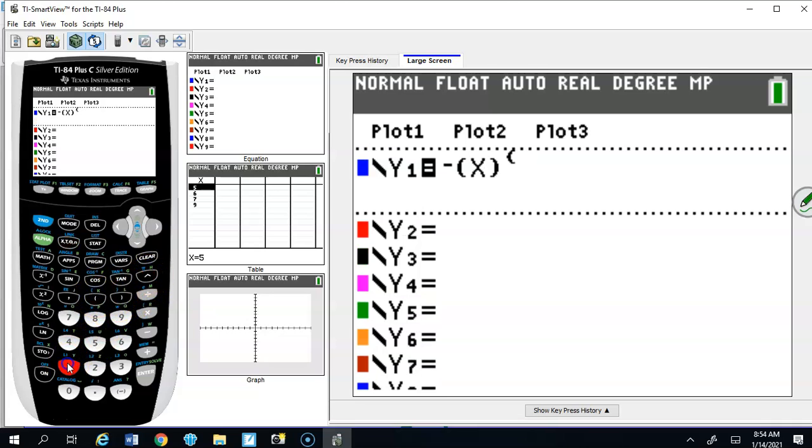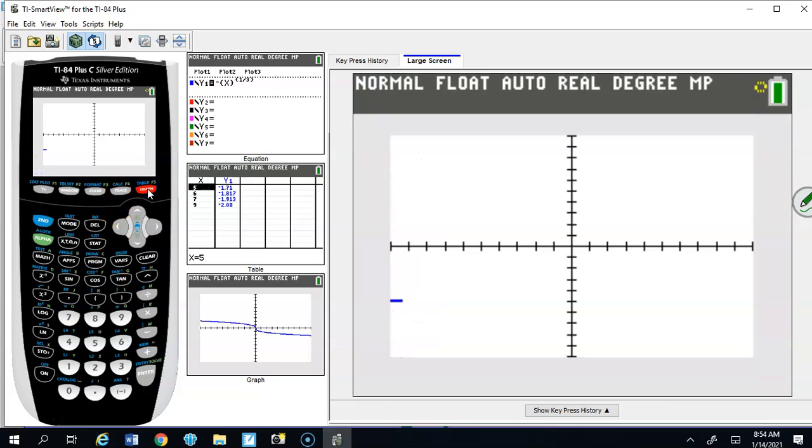I'm going to put that in parentheses as well. 1 divided by 3. And then I'm going to go down, and I'm going to subtract the 7 from that. So now I can do -7. All right, so I'm going to graph it first, just because I want to see what it looks like. And you should notice that this is flipped from what it was originally, right?